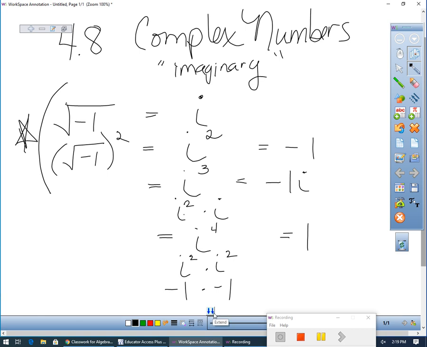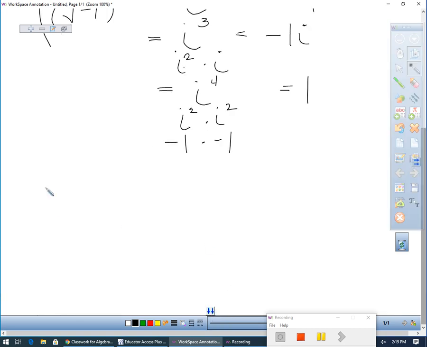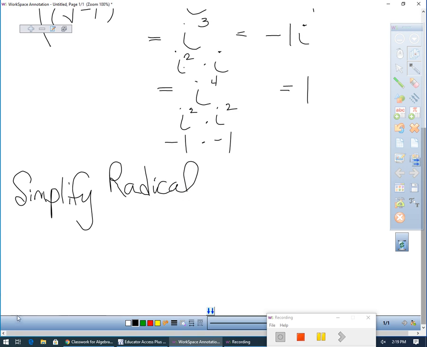Alright, so I want to talk about simplifying from a radical first. When we simplify from a radical with an imaginary number, the I goes outside the radical. So, for example, if I have the square root of -13, this negative comes out as an I. Can the square root of 13 simplify?